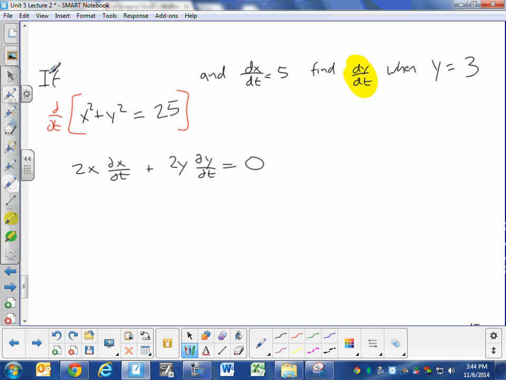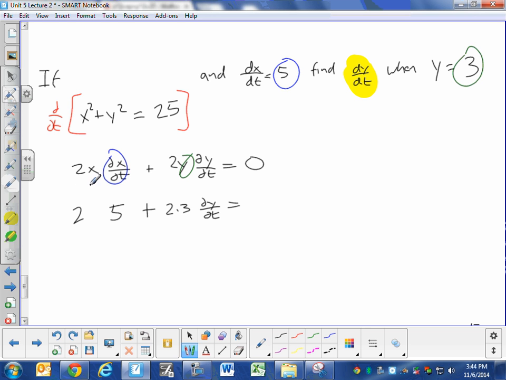And then I go ahead and say, okay, well, let's use my information. dx dt is 5. I'll substitute that in. I got 5 here. I got a 2 here. Y is 3. So I take this 3, substitute it in for y. So I got plus 2 times 3, trying to find dy dt.